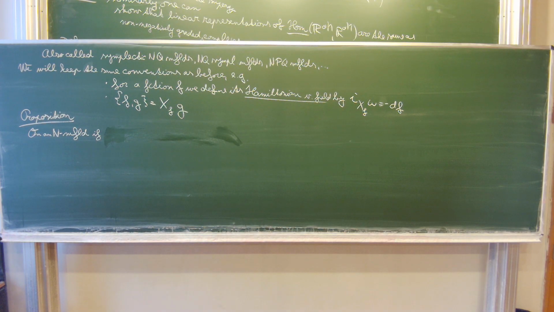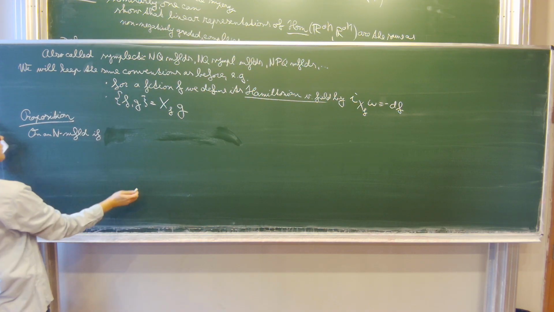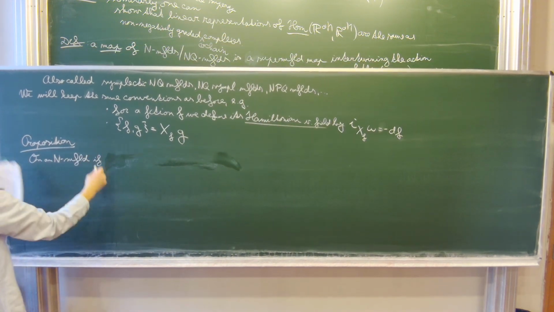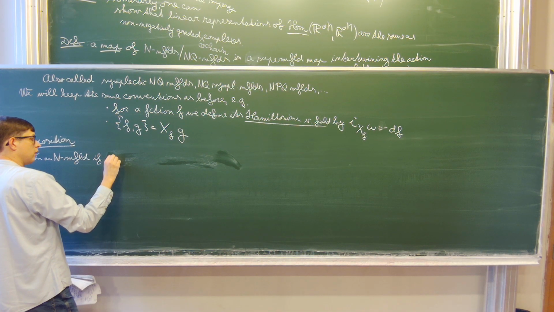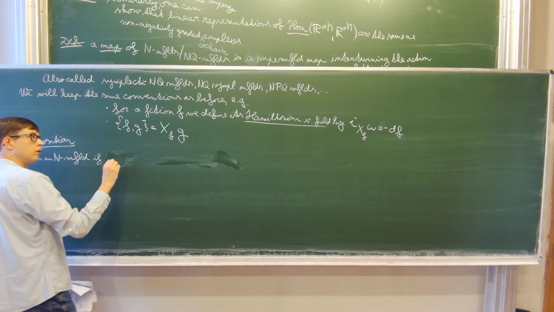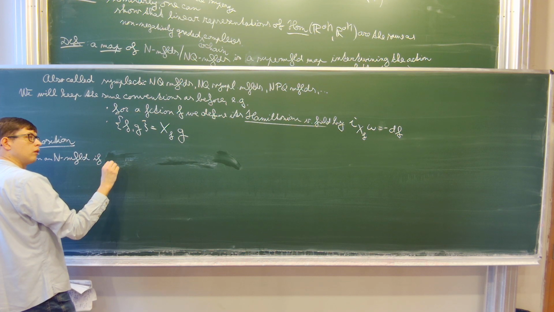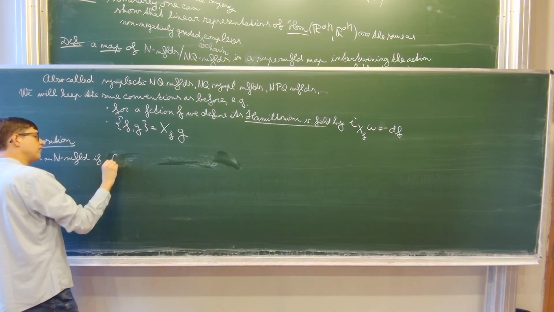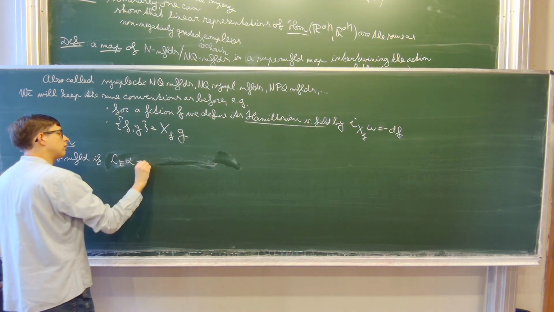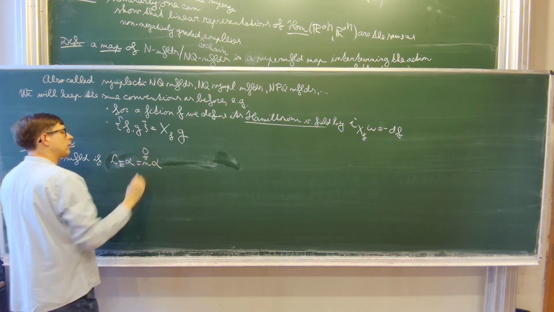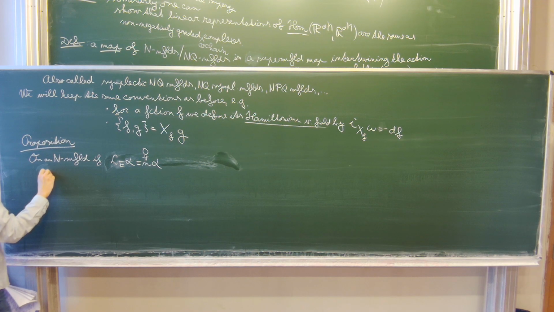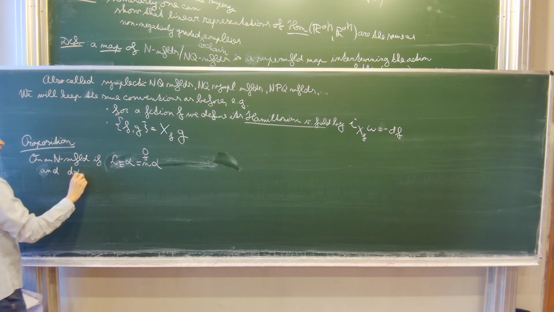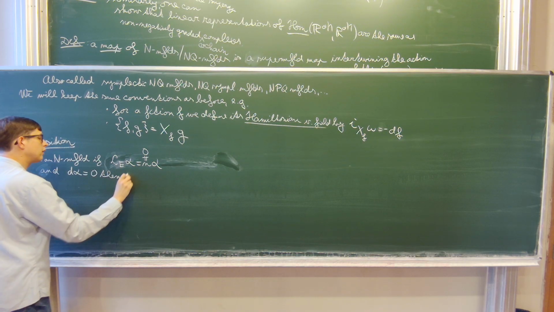So if we have a form of degree n, it's in the same way as we had for the symplectic form on a sigma manifold. So if alpha was a form of degree n, then n is not 0, and d alpha is 0, then alpha is also exact.